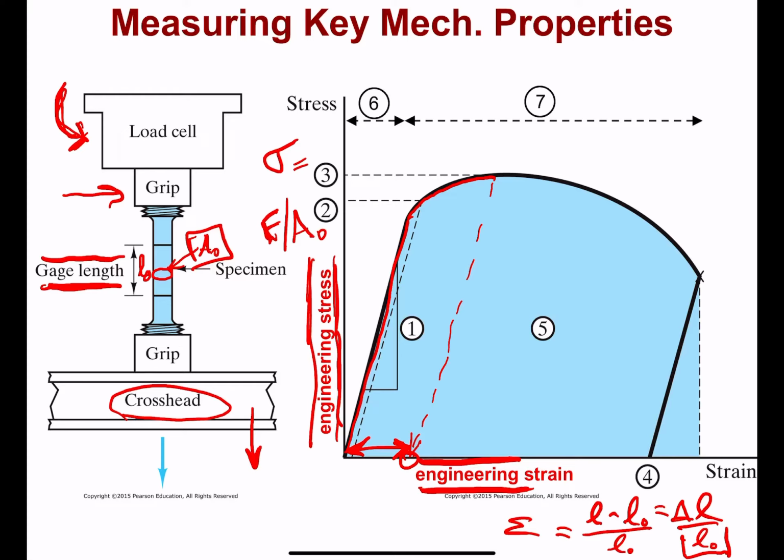Okay, so moving on, we're also going to see this curve eventually move to a point where the test sample may fail. So there's going to be a fracture point here where the sample may break right in half. I'll let you think about the consequences there if you're going to your finger analogy. So that's a key feature for us to look at.